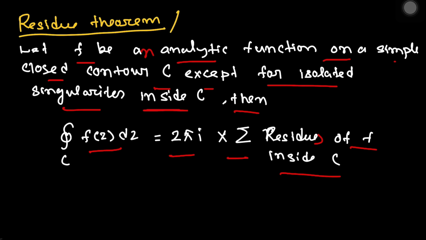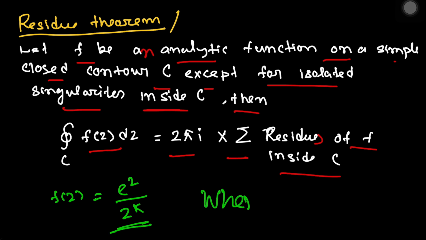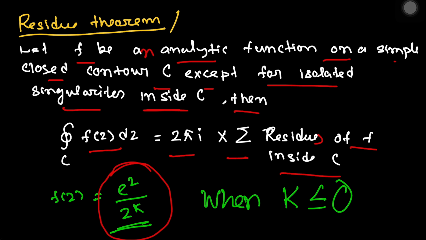So here f(z) equal to e^z by z^k. Now you can see that when k is less than or equal to 0, the function e^z by z^k has no singularity.